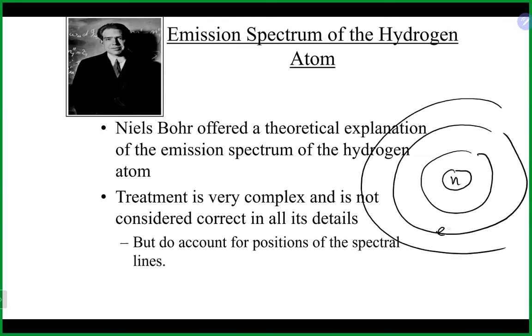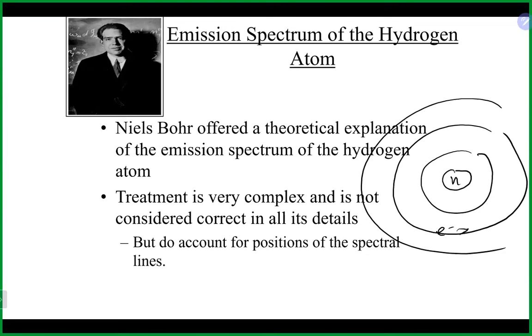And within these orbits, the electrons are moving around in nice pretty circles around the nucleus. As we will later talk about in this chapter, and as we maybe talked about previously, electrons really don't travel in this fashion around the nucleus. They actually travel pretty randomly about the nucleus.